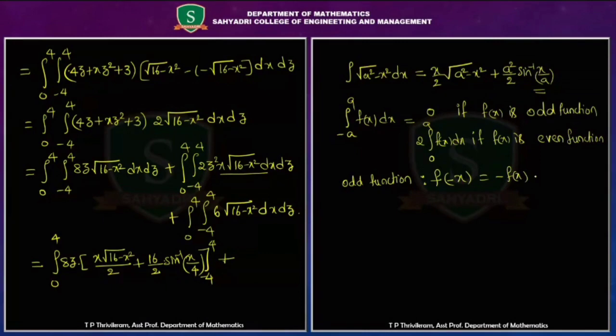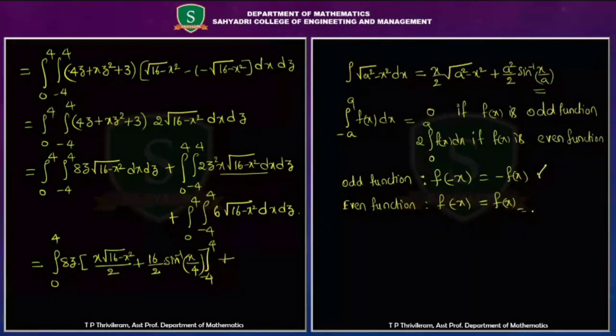If it satisfies this condition, then that is called an odd function. Even function: the definition is f of minus x must be equal to f of x. So even if you substitute x with minus x, the value should not change. Such kinds of functions are called even functions.